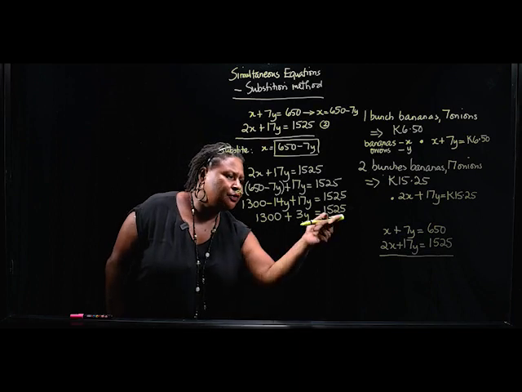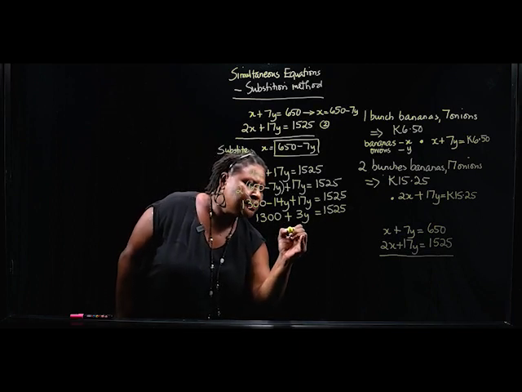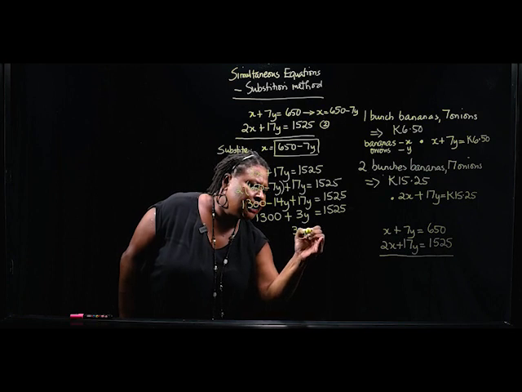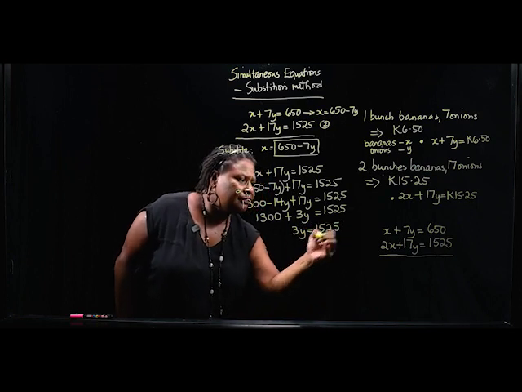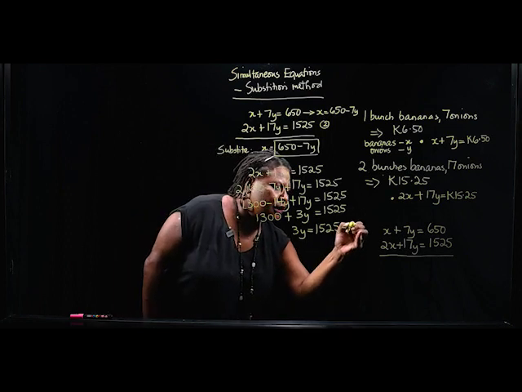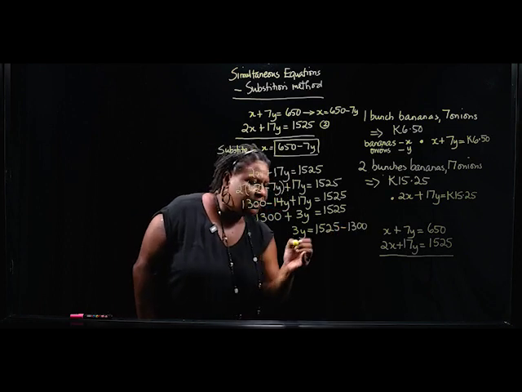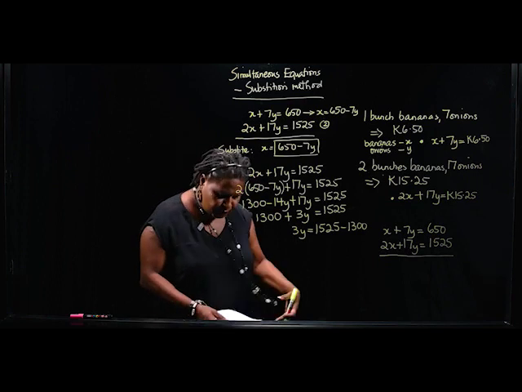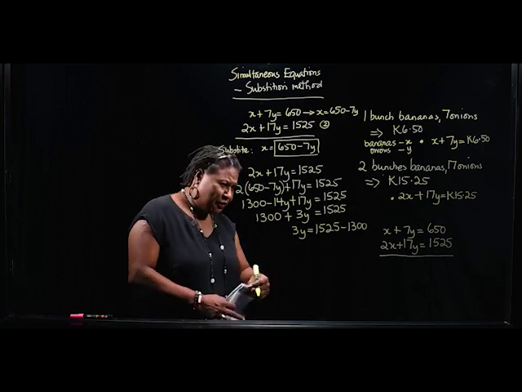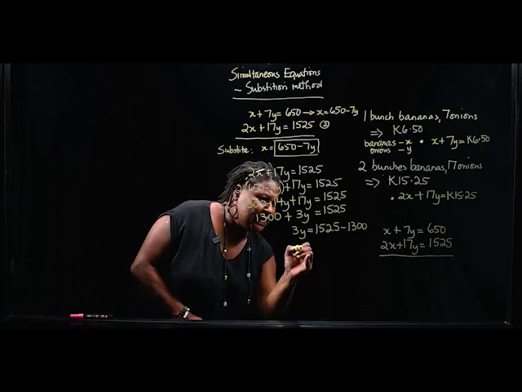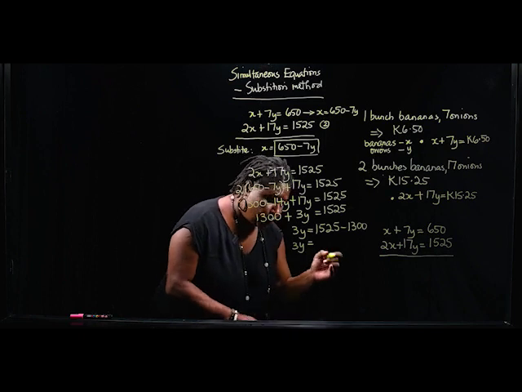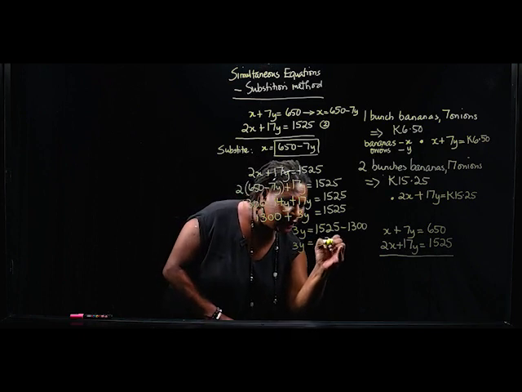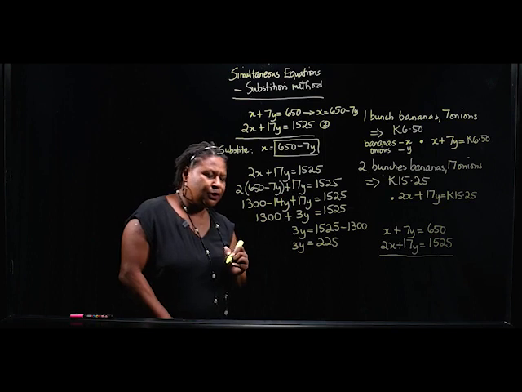Take 1,300 across to this side. So we have 3y equal to 1,525 minus 1,300. 3y is equal to, let's see, 225.